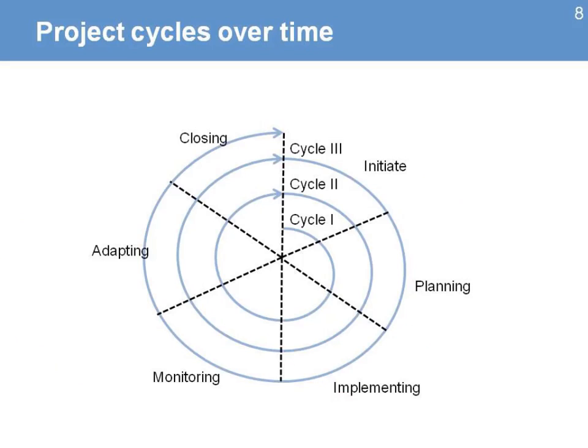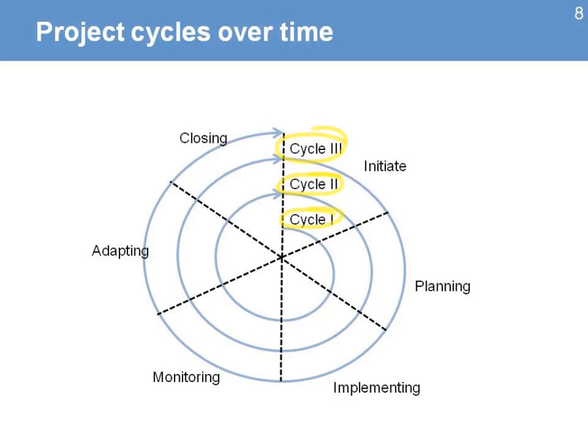Let's look at another example. The project cycles over time. The idea is that because of the uncertainty of development projects, those complex projects, the best approach is to break them down into cycles. Those cycles could be time periods, six months, one year, depending on the project. But the idea of cycles is that you go through all those phases.